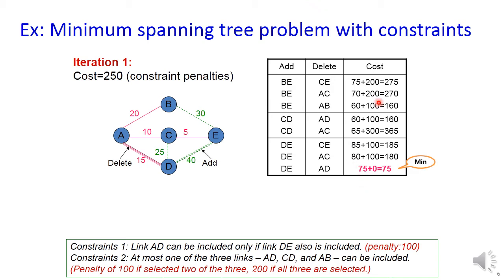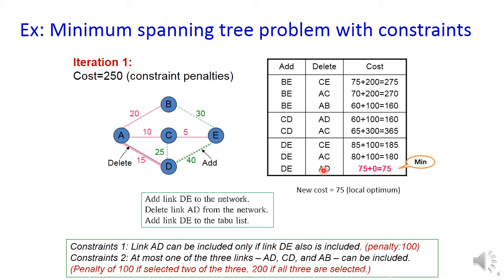Among all 8 possibilities, the best one is the last one, adding DE and deleting AD. So at the end of iteration 1, we choose this particular move, which results in another spanning tree. The new cost is 75, which is the local optimum.